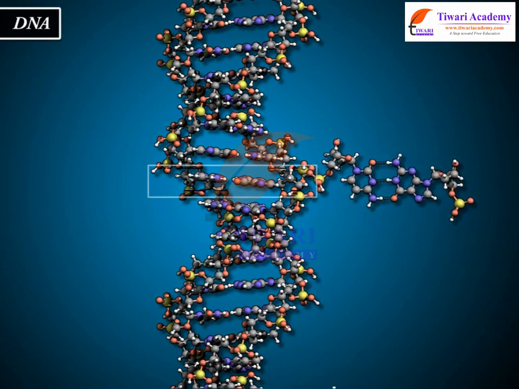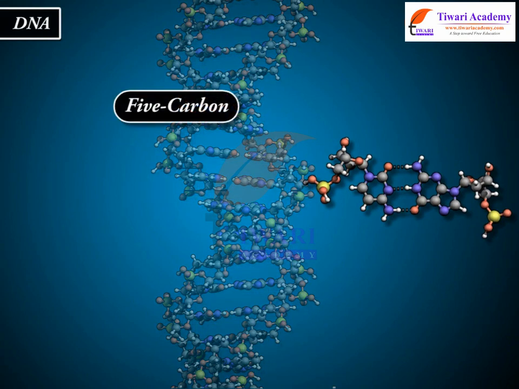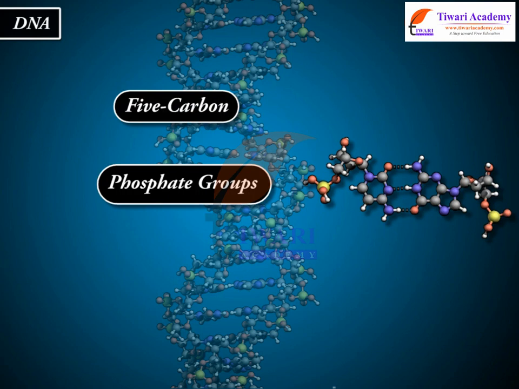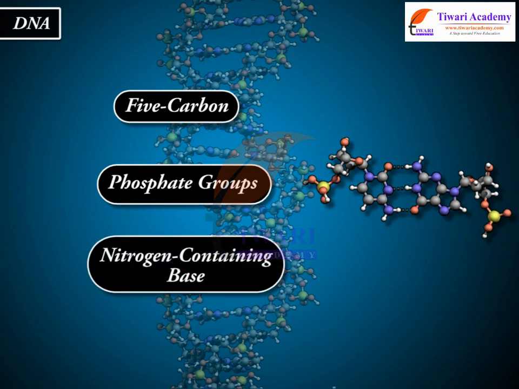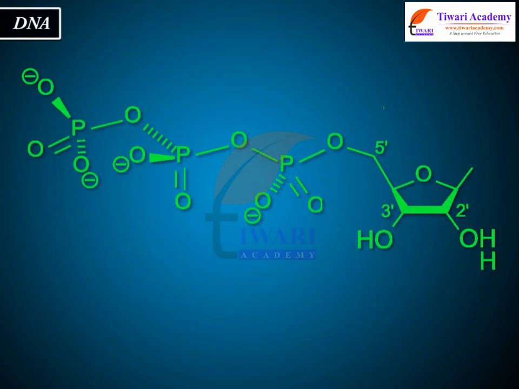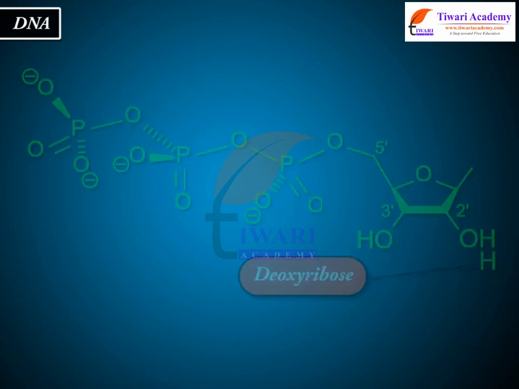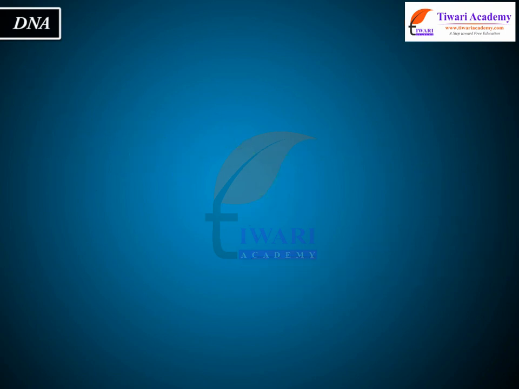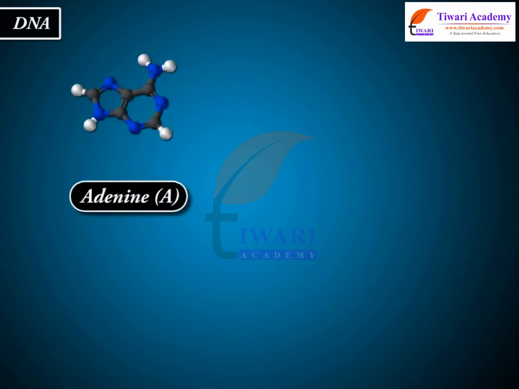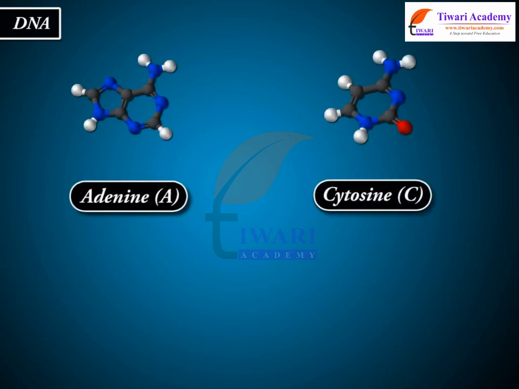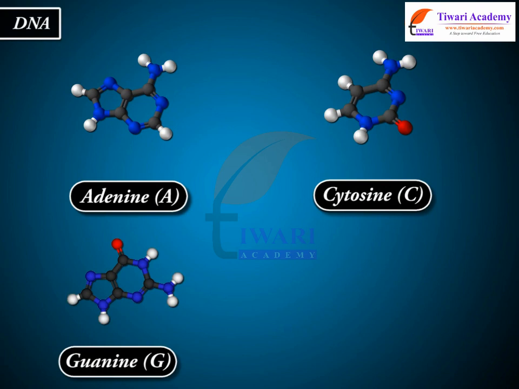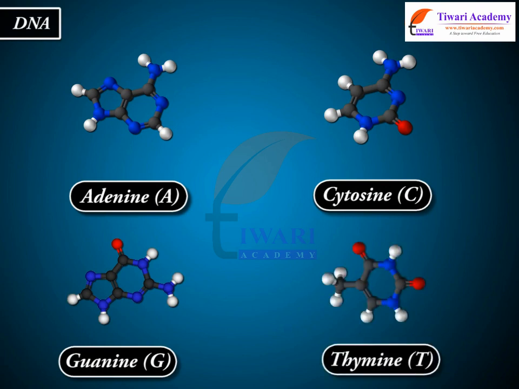Nucleotides are composed of a 5-carbon sugar to which are attached one or more phosphate groups and a nitrogen-containing base. In the case of the nucleotides in DNA, the sugar is deoxyribose attached to a single phosphate group, hence the name, and the base may be either adenine A, cytosine C, guanine G, or thymine T.